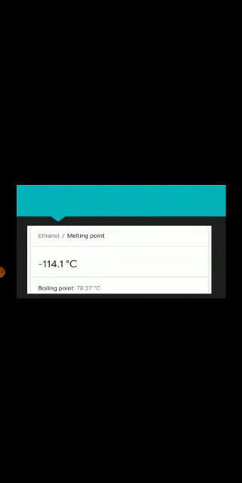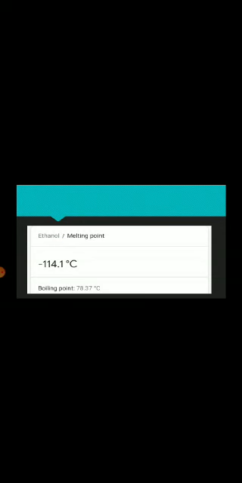so that we can easily observe a significant change in the level of the alcohol. Now the next point: the freezing point of alcohol is minus 114.1 degrees Celsius, or approximately minus 114 degrees Celsius, and the boiling point is 78.37 degrees Celsius. We know that in the case of the mercury thermometer, the freezing point of mercury is minus 39 degrees Celsius.